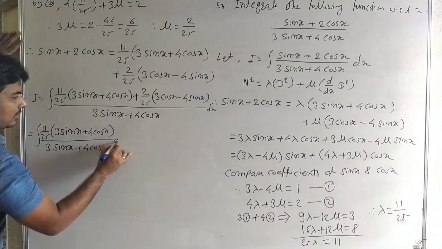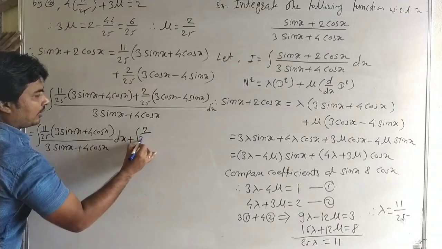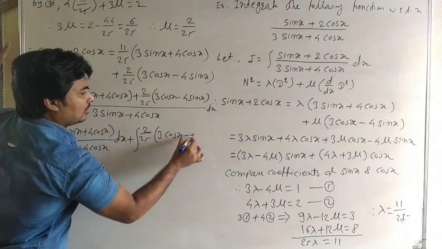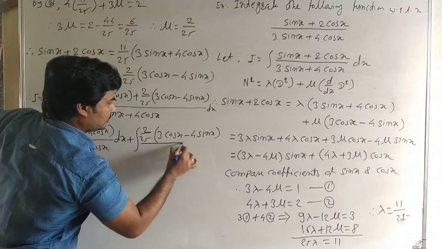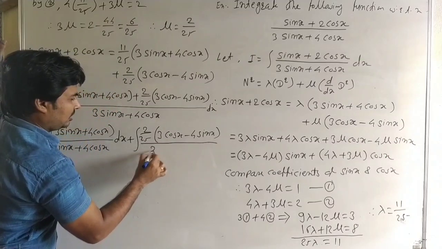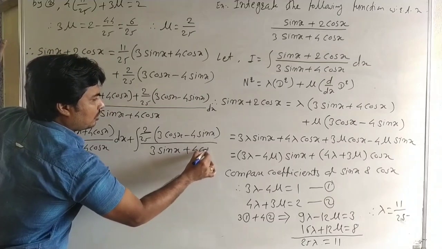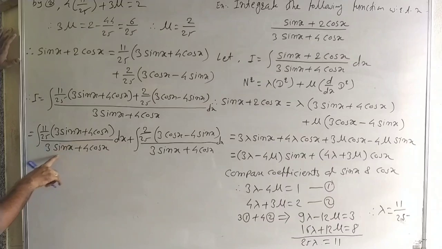Okay, we can separate the integration also: plus 2 upon 25 into (3 cos x minus 4 sin x) upon (3 sin x plus 4 cos x), dx. Now 3 sin x plus 4 cos x and 3 sin x plus 4 cos x both get cancelled, and it is 11 by 25.